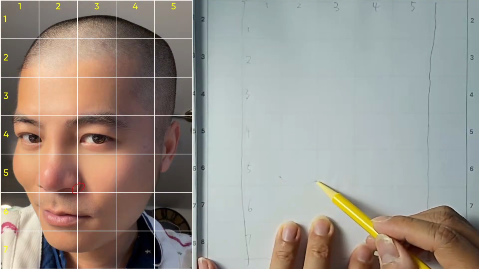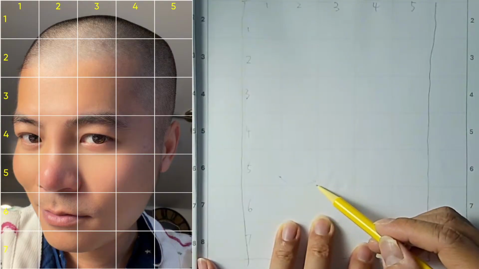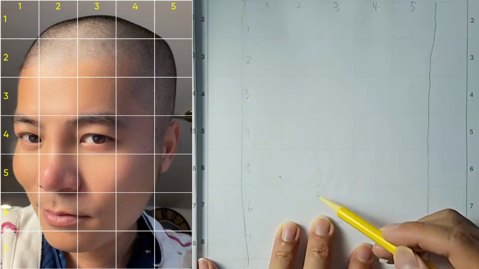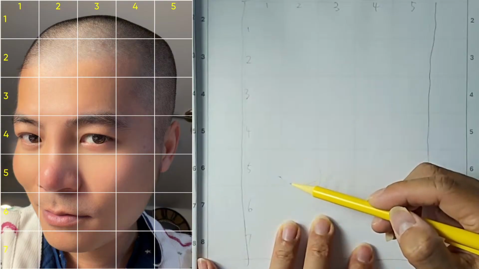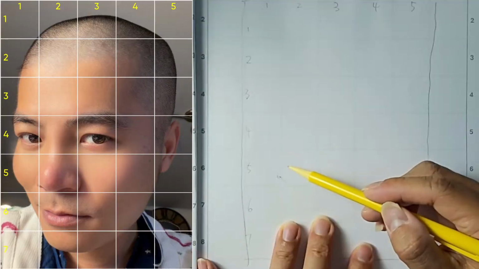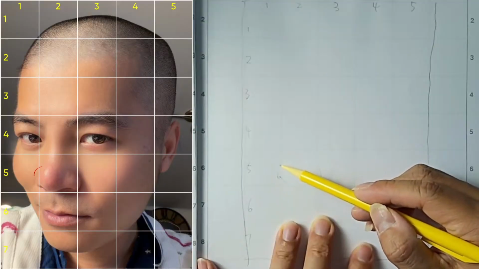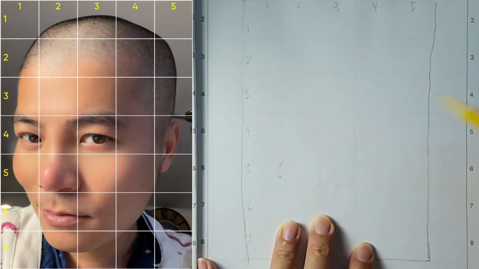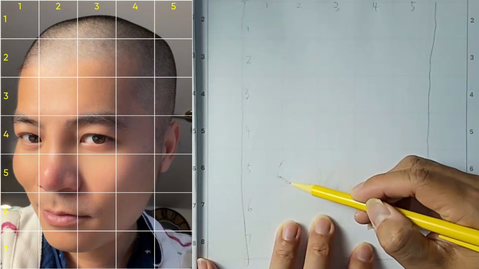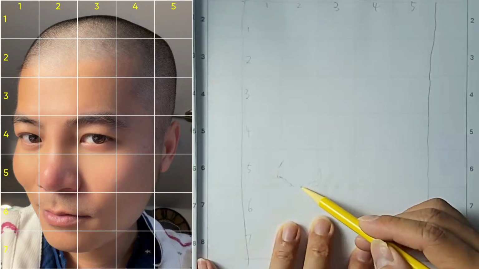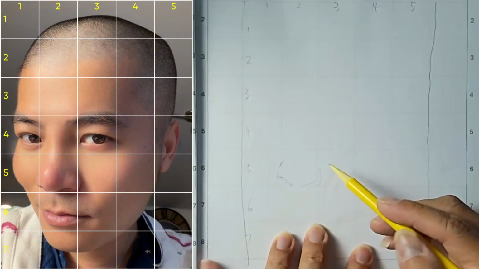I can do it so fast, but because it's a demo, I have to slow down for educational purposes. Something like that. Roughly the middle, right? It crossed the middle of the nose. You can't be really precise, just rough, but that's the fun part of it.